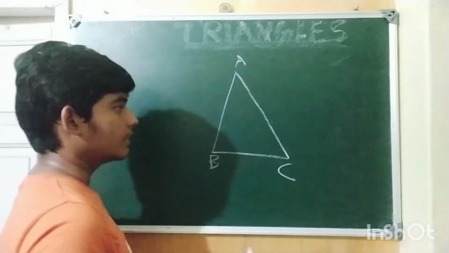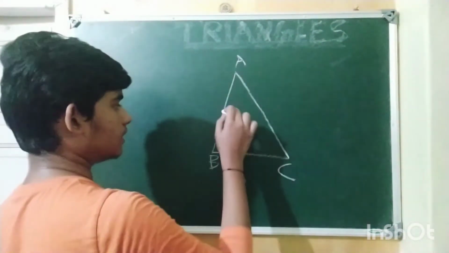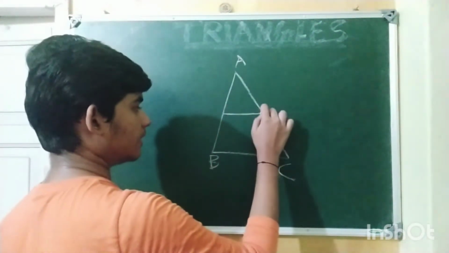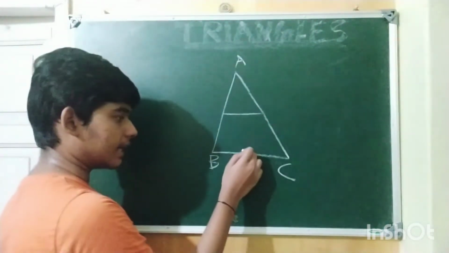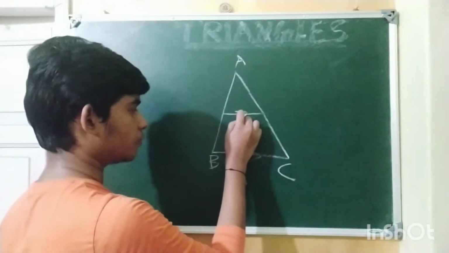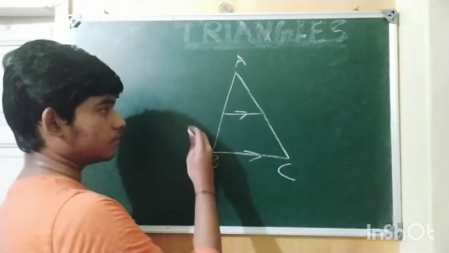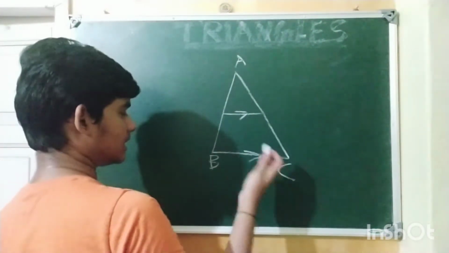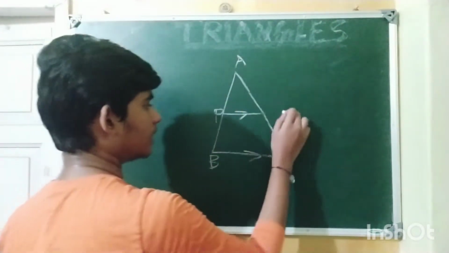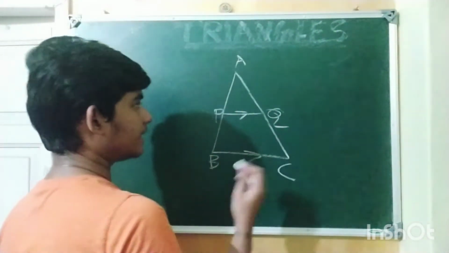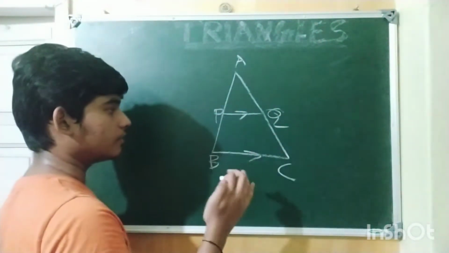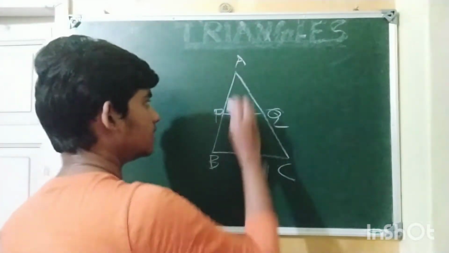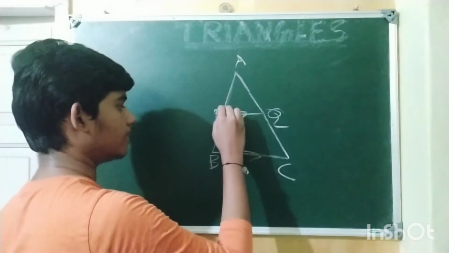Now, like I said, let me draw a line which is parallel to one side of the triangle, passing through the two sides. So it is passing through two sides at distinct points. Let's call them P and Q. Then the sides will be divided in equal ratios. So this ratio will be equal to this ratio.